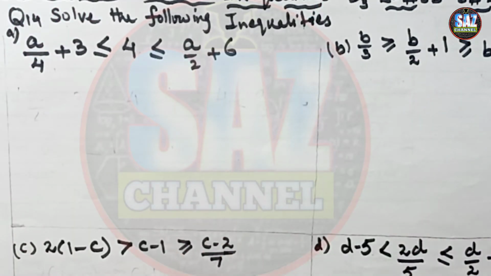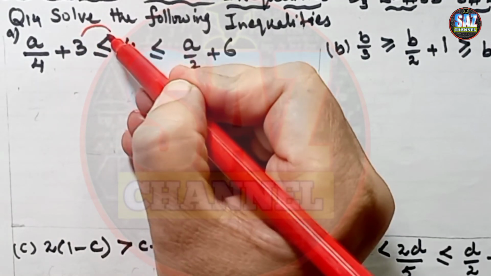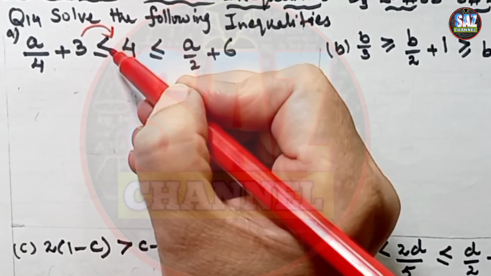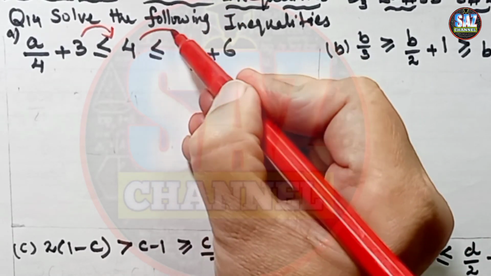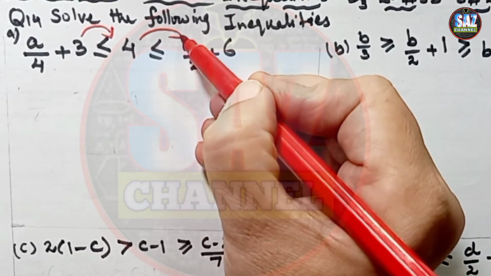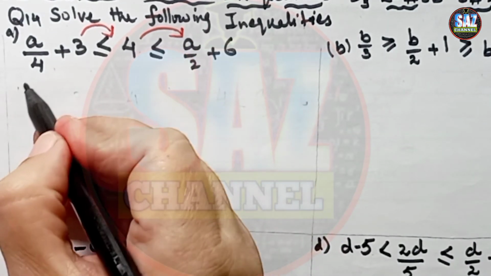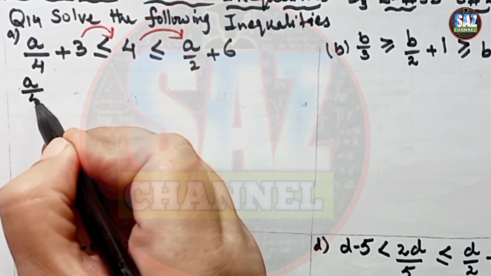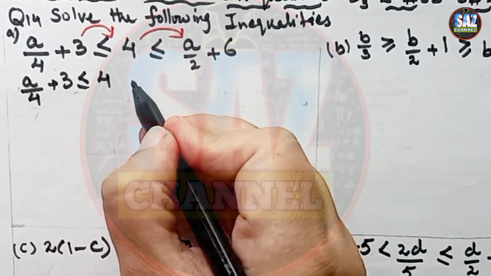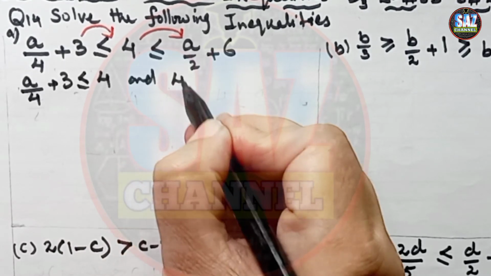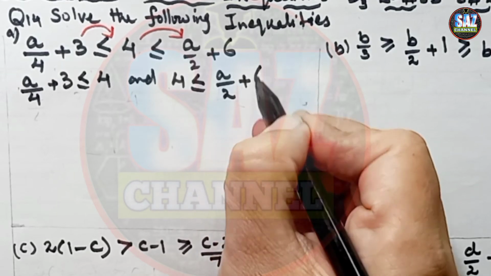First of all, divide the inequality into two parts: a by 4 plus 3 is less than or equal to 4, and 4 is less than or equal to a by 2 plus 6.